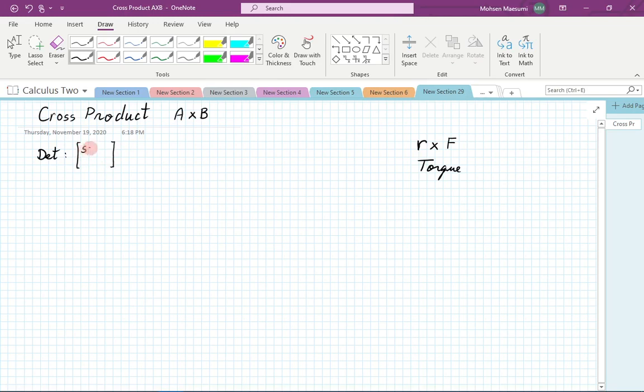This is a square matrix, and it produces a single number. So for example, the determinant of a single number is just that number, no complication here.